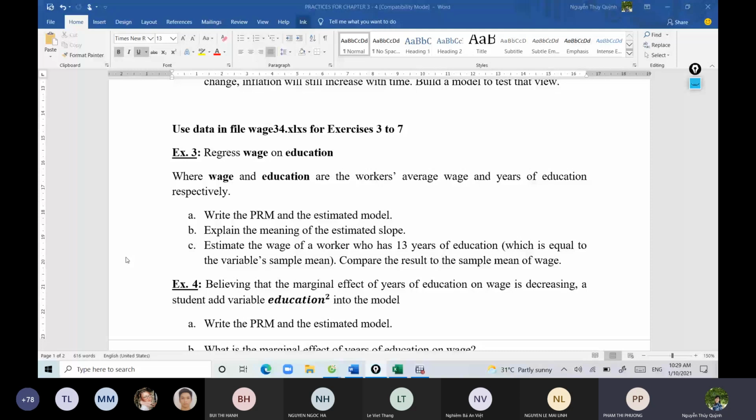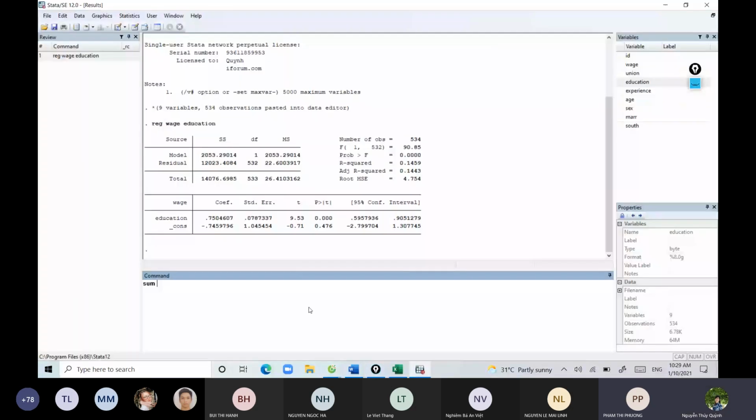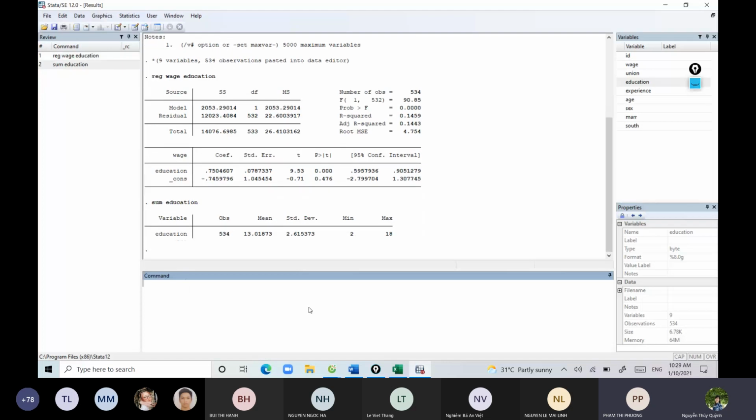All right, let me check it. Summarize education. Okay, the mean of education here is 13.019.